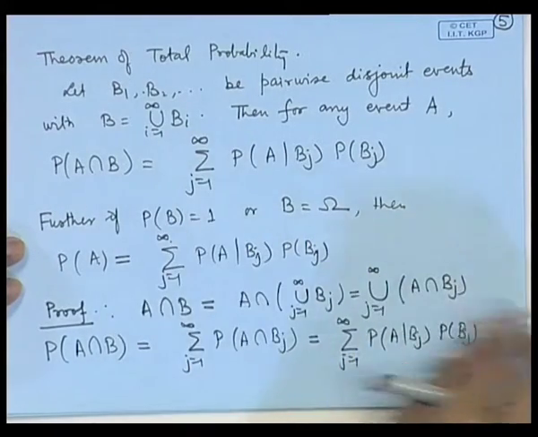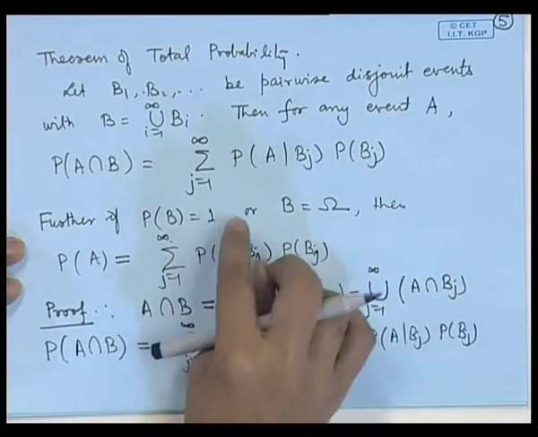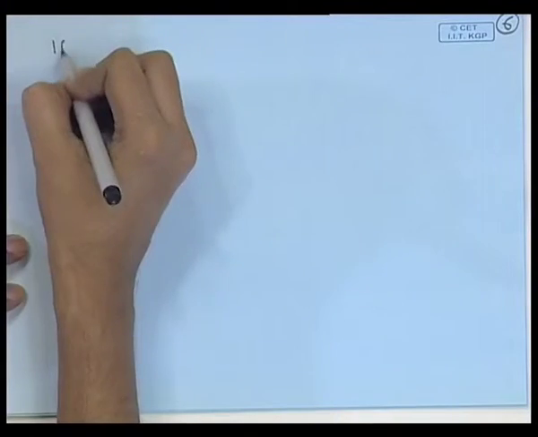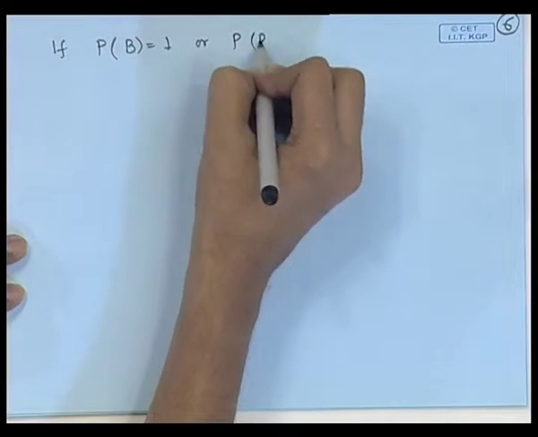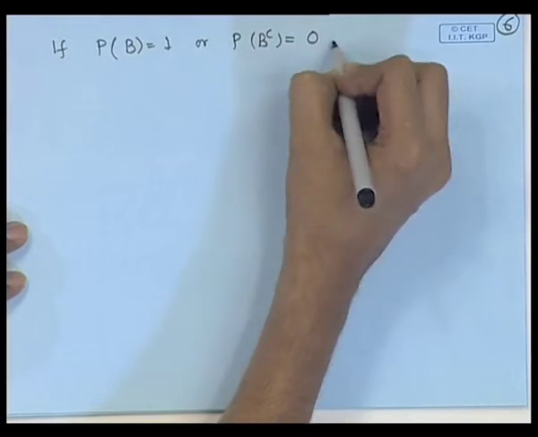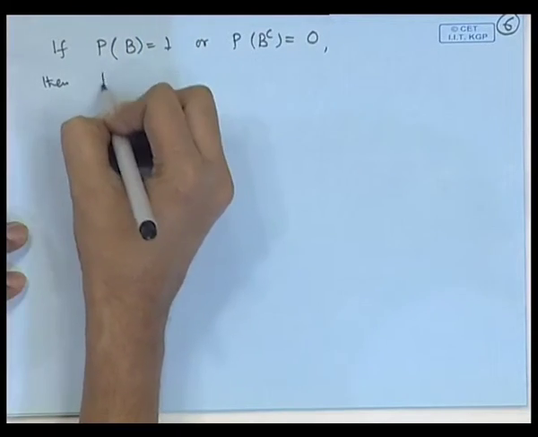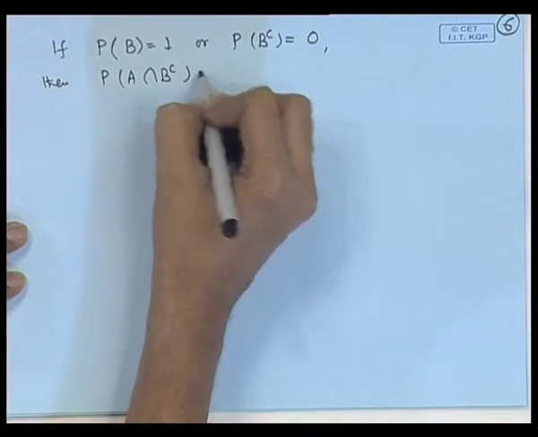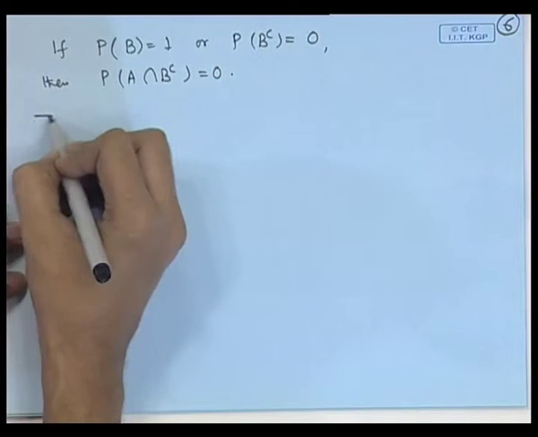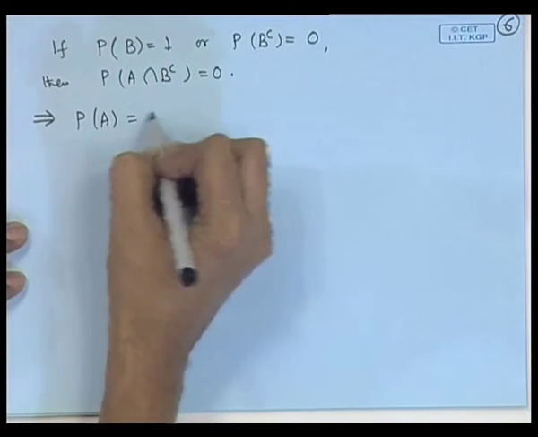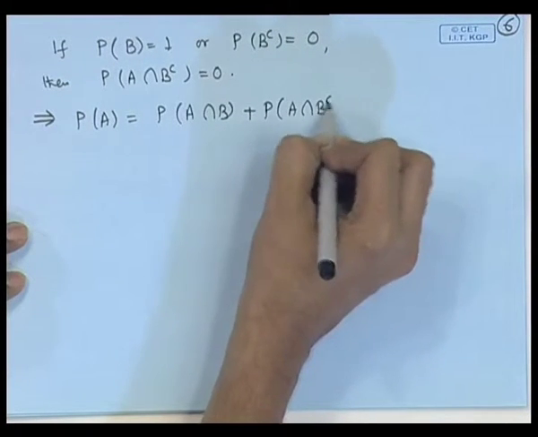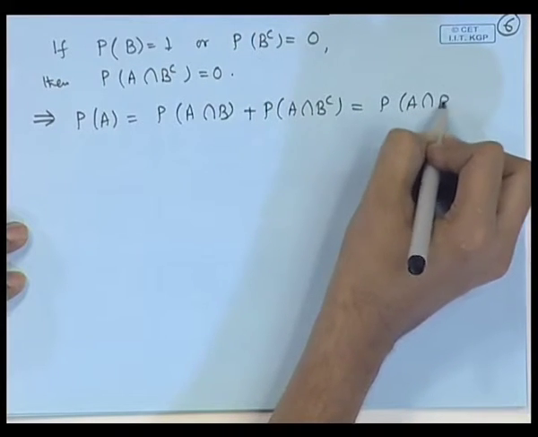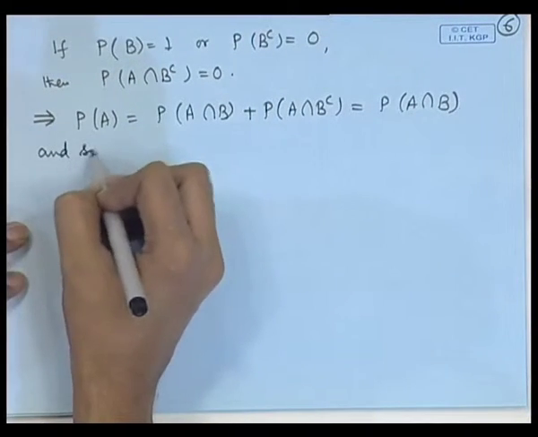Now, we look at the case where probability of B is 1 or B is omega. If we take probability of B equal to 1, or probability of B complement equal to 0, then probability of A intersection B complement is 0, and therefore probability of A can be written as probability of A intersection B plus probability of A intersection B complement, which is probability of A intersection B, and so the statement follows.